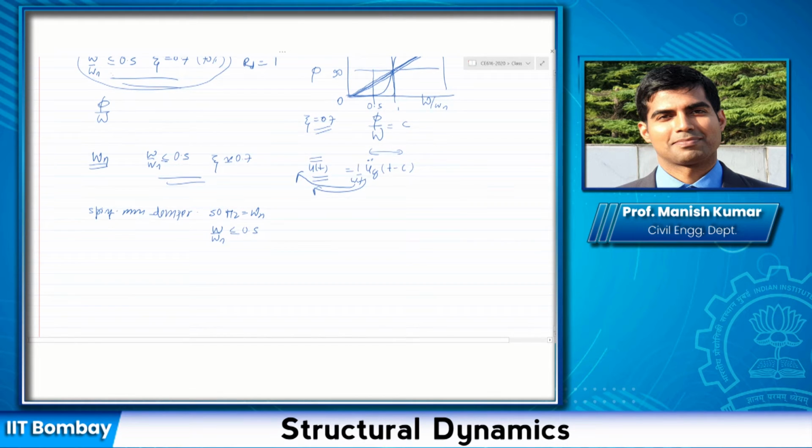That means it can measure all excitation frequencies below 25 Hertz, provided that the damping in this spring mass damper system is around 0.7.